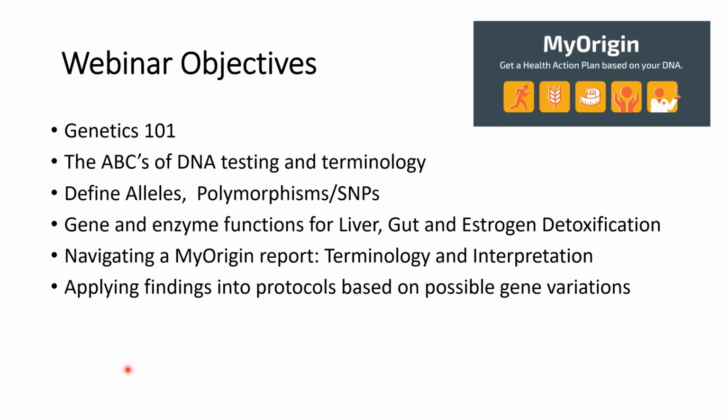We'll talk about the testing terminology, as well as looking at some gene functions, how the enzyme functions, specifically for the liver, the gut, and estrogen detoxification, how to navigate the MyOrigin report, the terminology and interpretation, and then what I use for applying the findings into protocols and looking at the gene variations and how I explain things to patients.